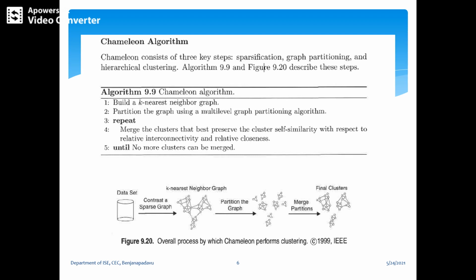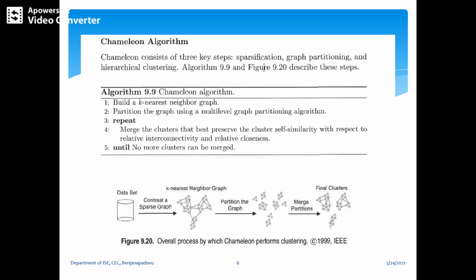Some agglomerative algorithms, such as group average, base their notion of similarity on the strength of the connection between two clusters, the pairwise similarity of points in the two clusters, while other techniques such as single link and max link are also used.